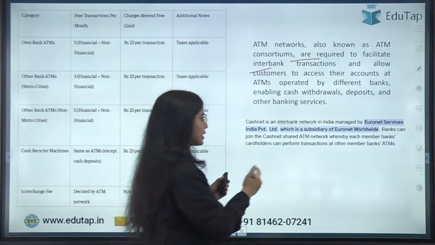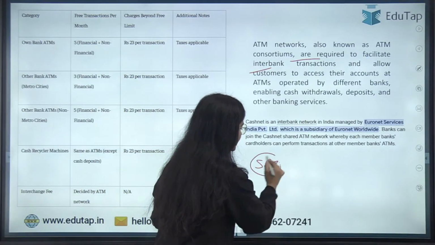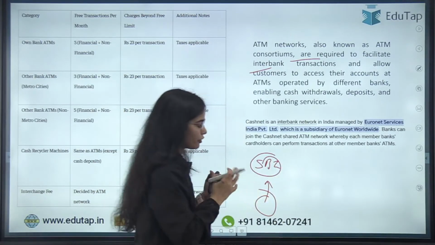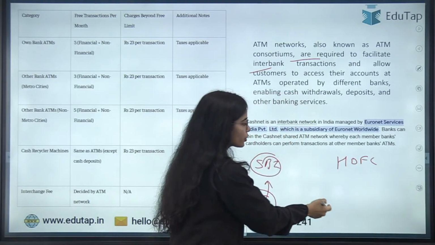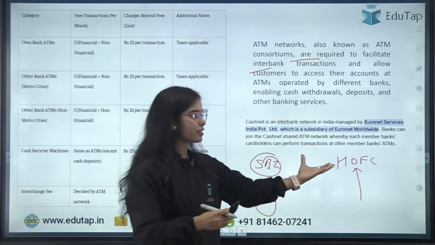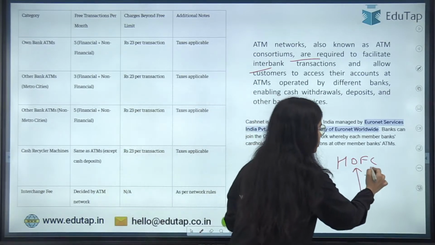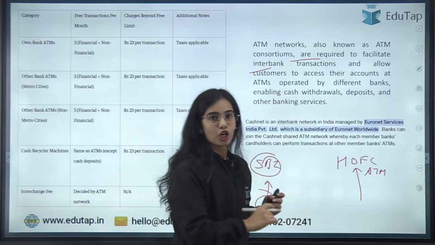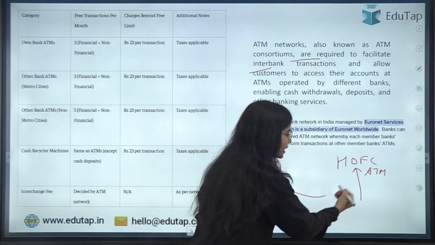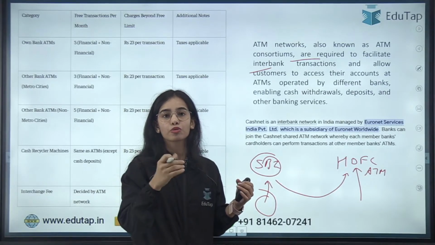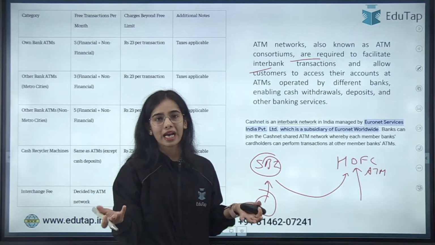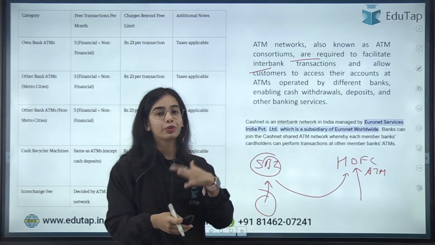Now, you can understand that if you are a customer of State Bank of India, State Bank of India has all your information, but the HDFC Bank does not have the information. But you are going to the HDFC Bank's ATM. So how is this ATM getting your information? The ATM has to call for the information about your bank balance, how much money your account has, and how much money you can take out.